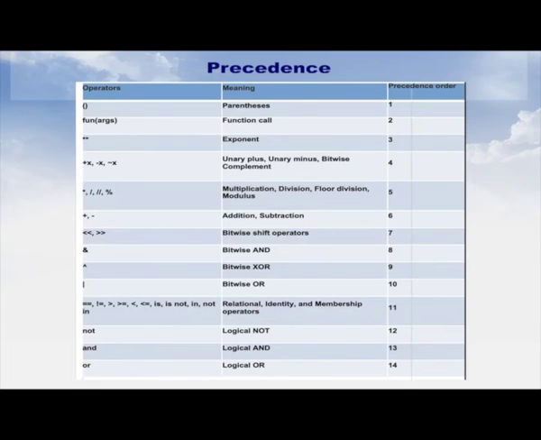Here we show the order of precedence of the operators present in Python. This order illustrates the order in which the expressions have to be evaluated starting from 1 to 4. So, when you have an expression having multiple operators, then you can evaluate the operators based on this table.